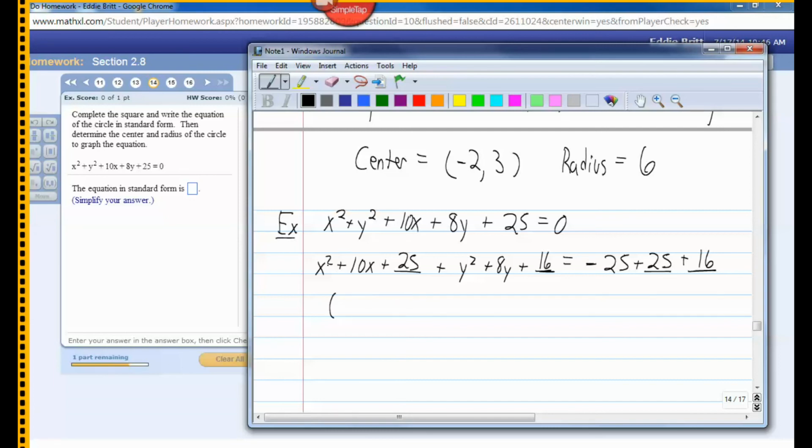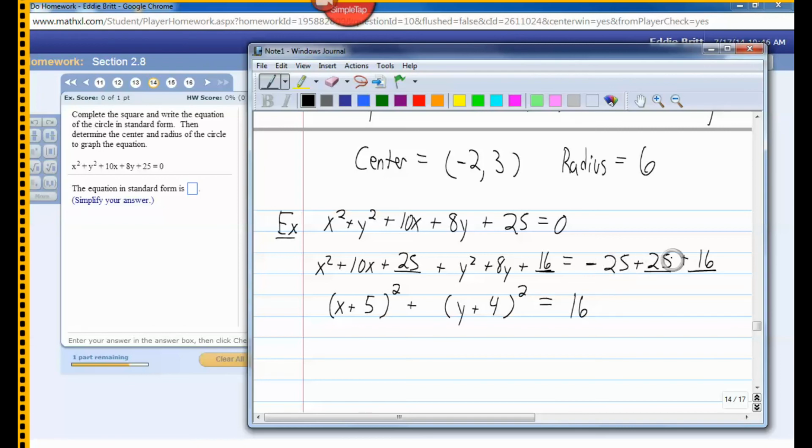So this now factors. Remember, it's a perfect square, so you really only have to write it down once and say squared. So remember, that's x plus, and then what did we get when we took half of 10? 5. Plus, that factors, it's a perfect square. Y plus half of 8 was 4 squared.